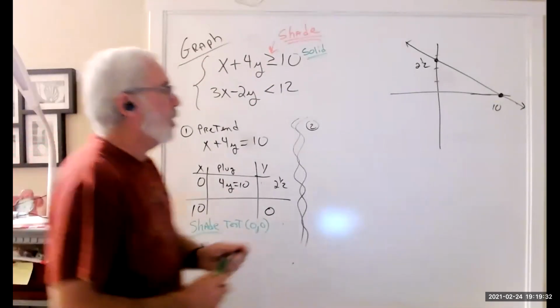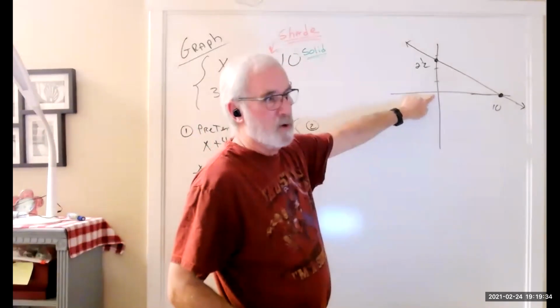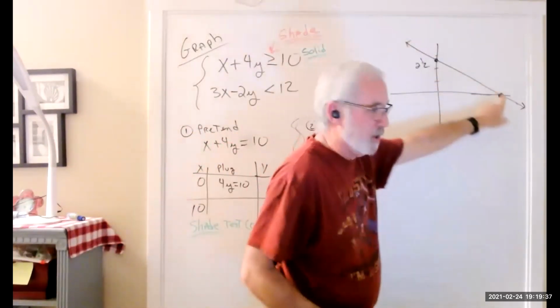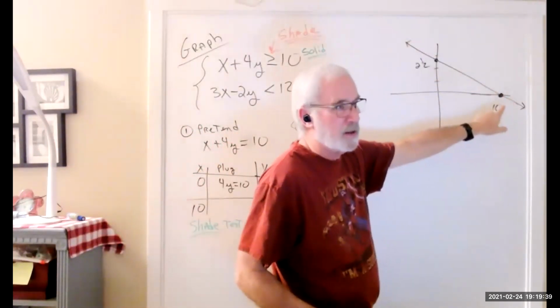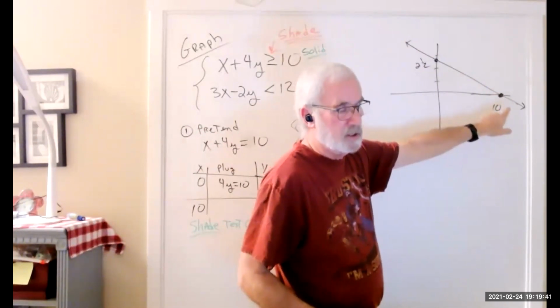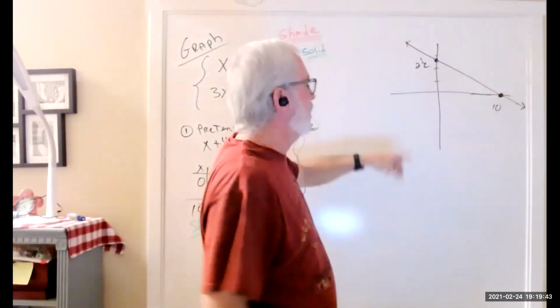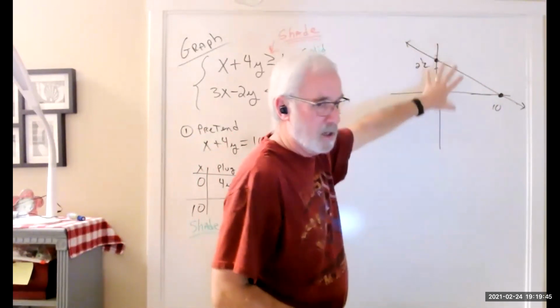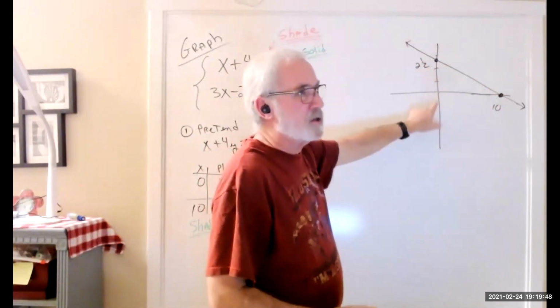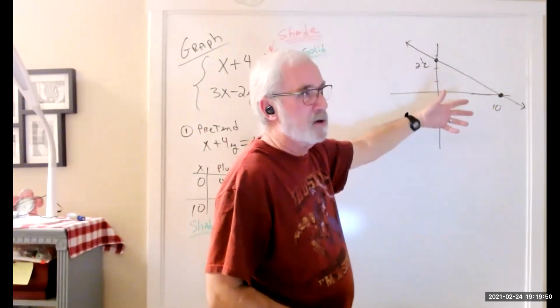All we care about is that it's not on the line we're testing. You could pick any other point you wanted, up here, as long as it's not on the line, it's a good test point.